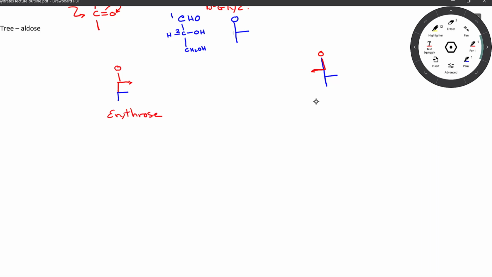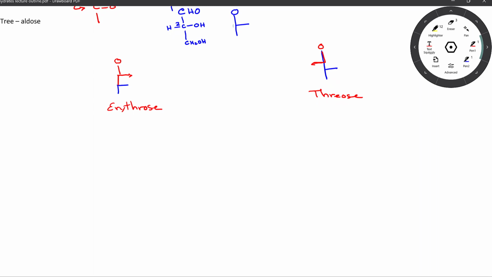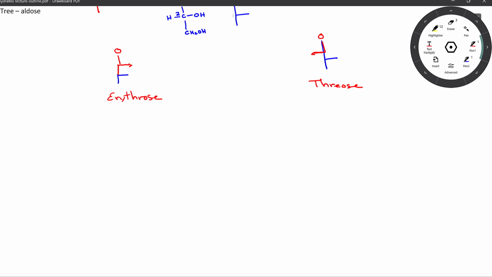And this is threose. Oftentimes in organic chemistry we talk about erythro. That means the groups are on the same side of the chain. So this would be erythrose, or this would be threose. We say erythro and threo.